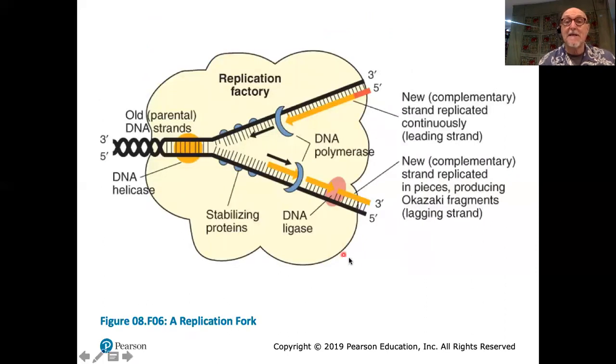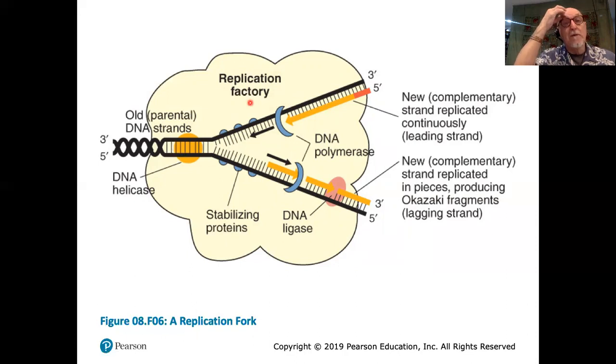So here's the way in which this replication takes place. First of all, the replication of DNA is performed by a whole big complex of enzymes. There are numerous enzymes involved in DNA replication. And we put them all together, we call it the replication factory.